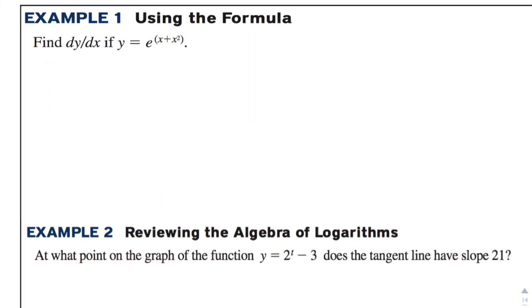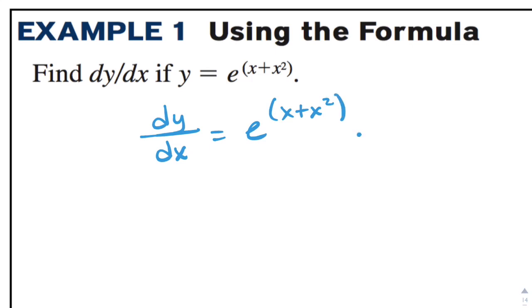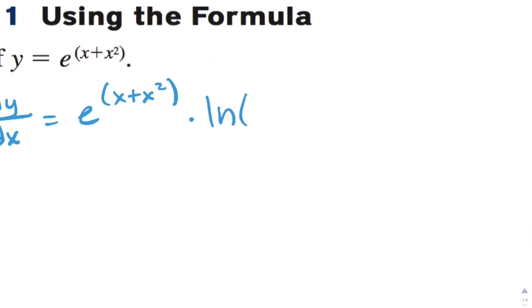So our first example, we're going to find the derivative of this. If y equals e to the x plus x squared, then dy dx equals the same exact thing times the ln of my base e, times the derivative of the exponent, 1 plus 2x.